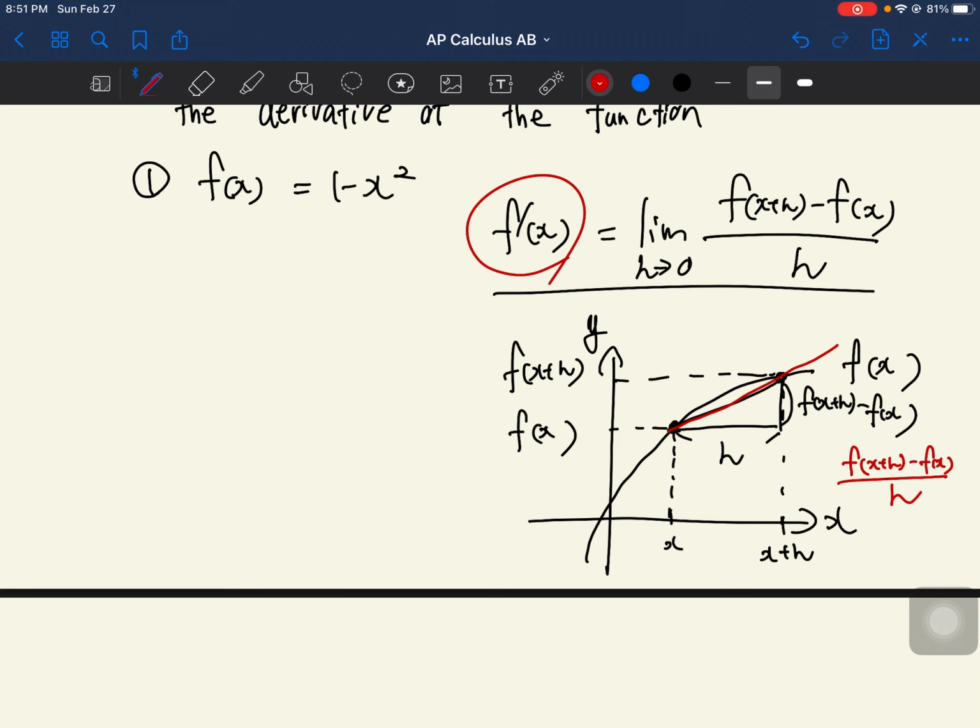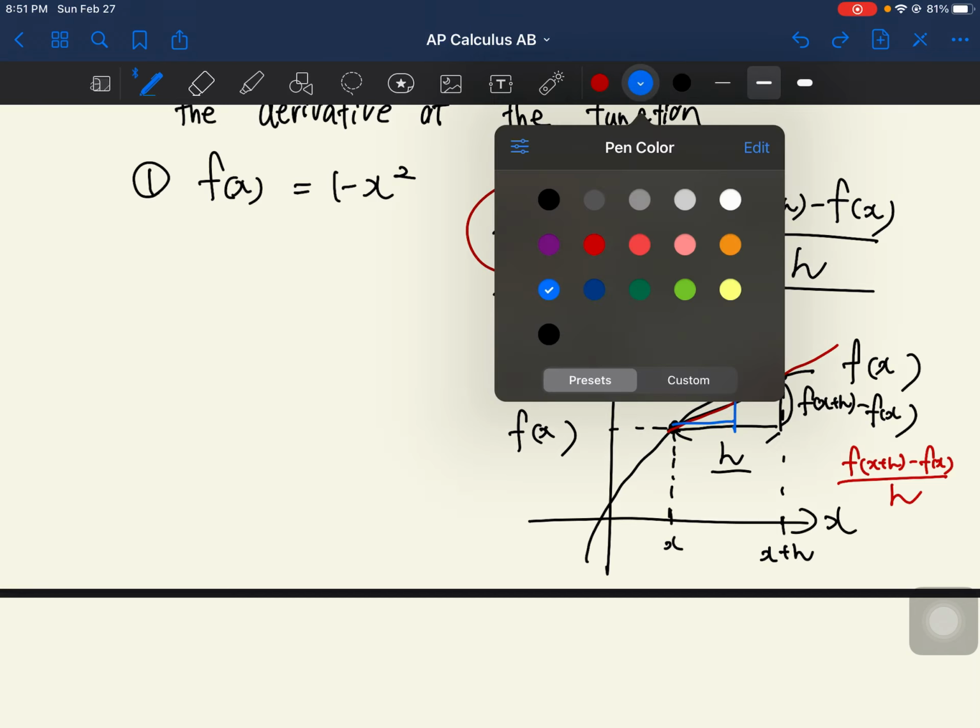Okay, so derivative shows the slope as well, and this one looks like h is a big number, but what if h is getting smaller? For example, if h is like this, the slope is a little bit similar to the slope here as well.